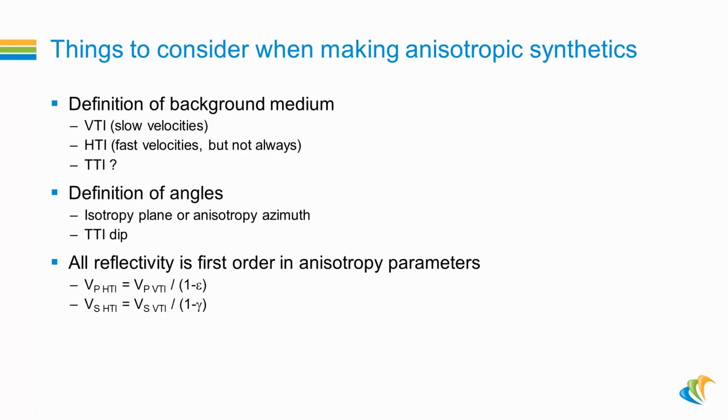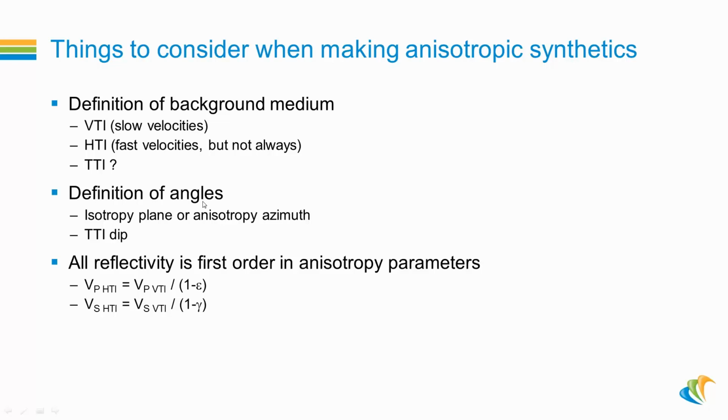Rüger himself, when he wrote out the equation for HTI medium, was using the fast P velocity, but he was using the slow S velocity as the background medium. So watch out there. For TTI, it's ambiguous what you choose. It can be referenced to the VTI background or to the HTI background.